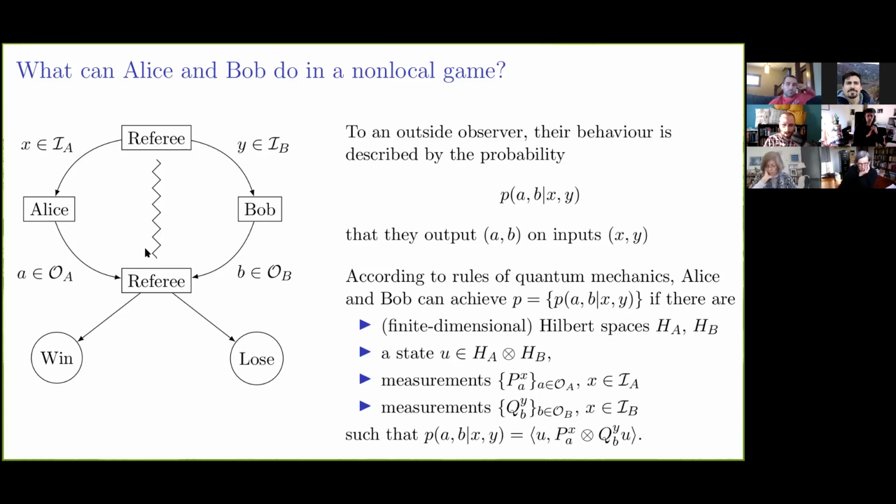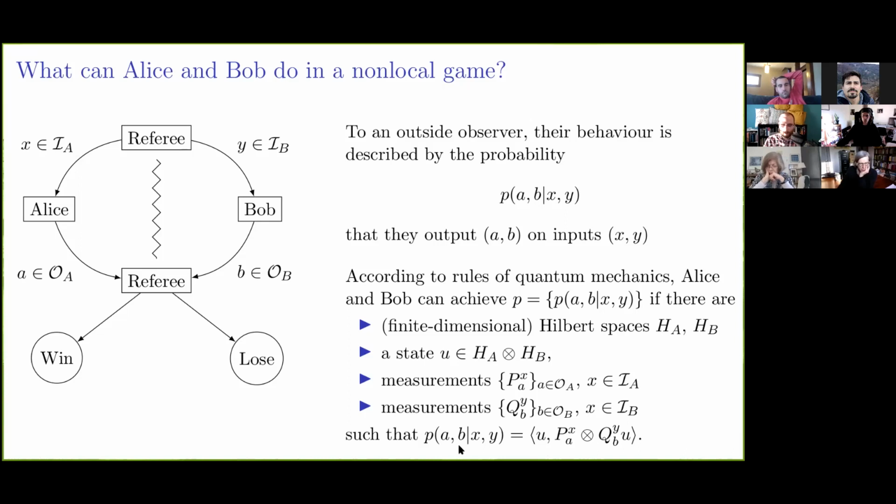So there'll be some measurement operator on their system, P_X^A acting on H_A and Q_Y^B acting on H_B, such that this works out to be, according to the rules we mentioned, the probability that we get A and B on inputs X and Y. Because these are projections, this is the same thing as the norm squared of P_X^A tensor Q_Y^B applied to u. So just say P(A,B|X,Y) equals the inner product of u with P_X^A tensor Q_Y^B of u.